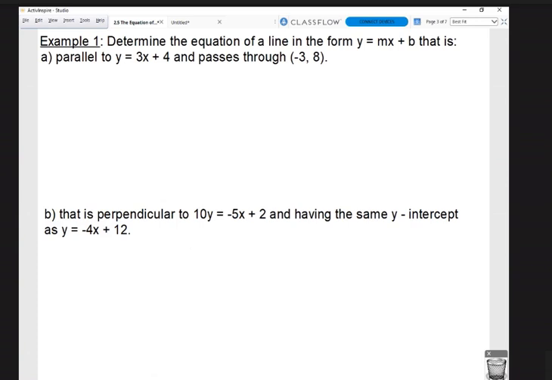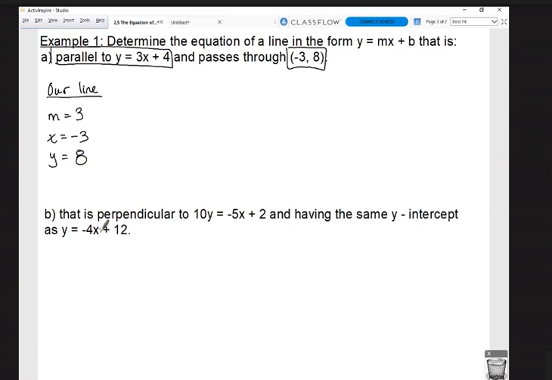So our line is parallel to this line here, so our line must have the same slope. And also our line passes through negative 3, 8. So the x value here is negative 3, and the y value here is 8.